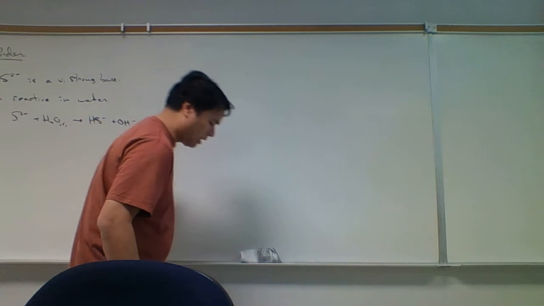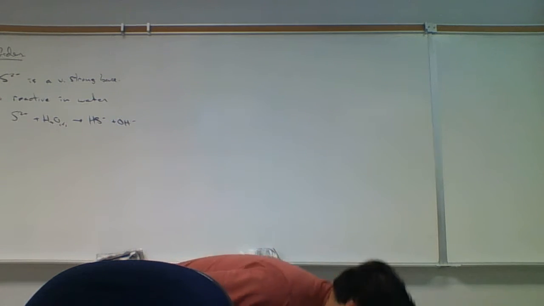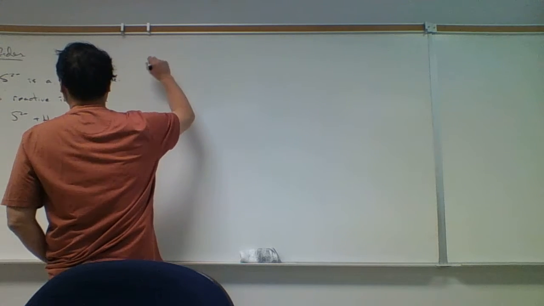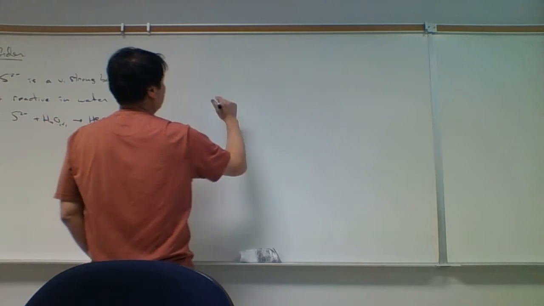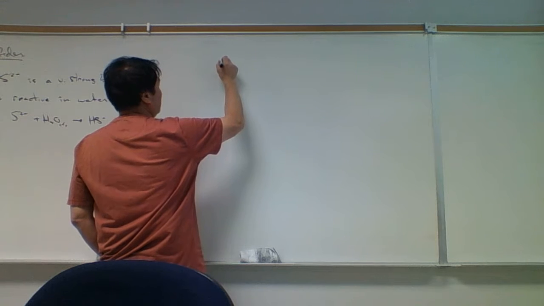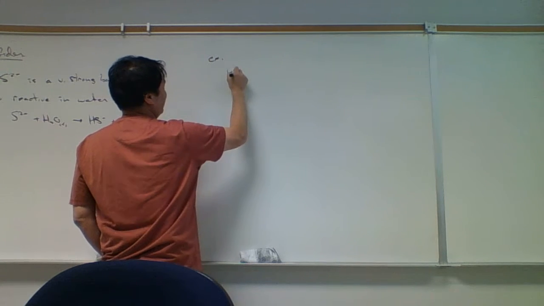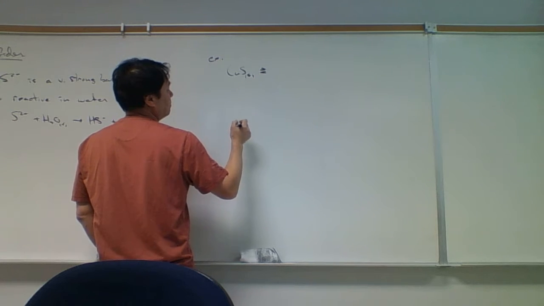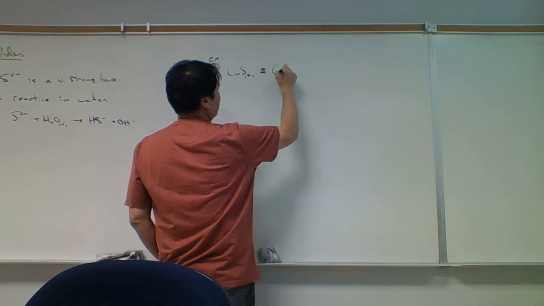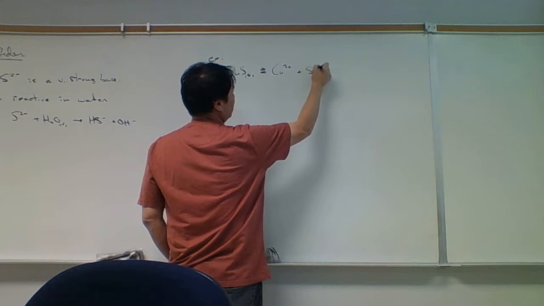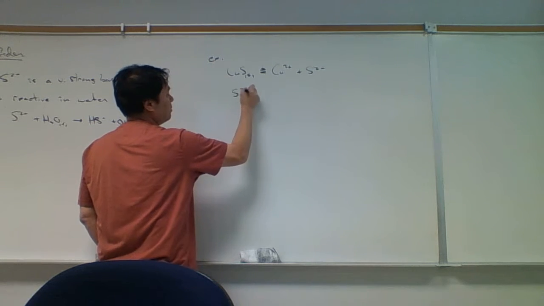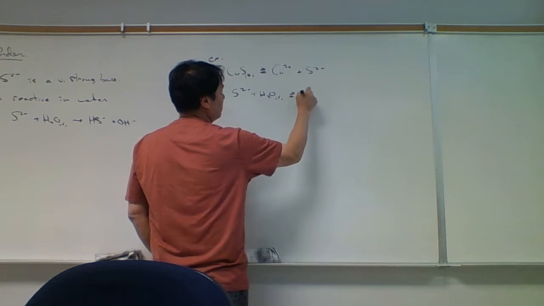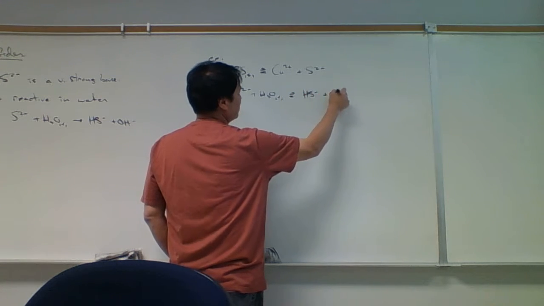Here, because oxide would attack water immediately to form 2 hydroxides, the KSP equation is a little different. An example would be copper 2 sulfide, which is highly insoluble. We would form copper 2 ions and sulfide, but the sulfide is immediately going to react with water, like this, to form HS minus and OH minus.